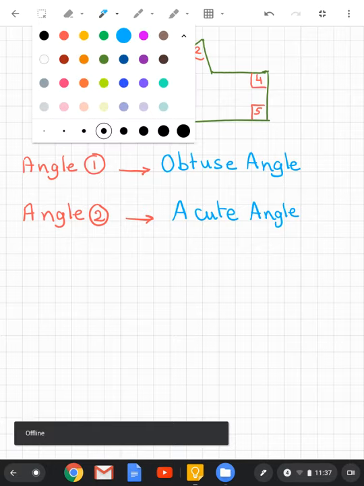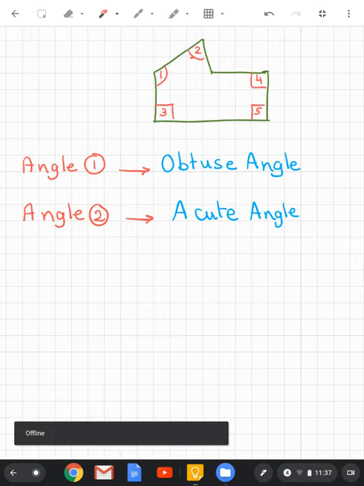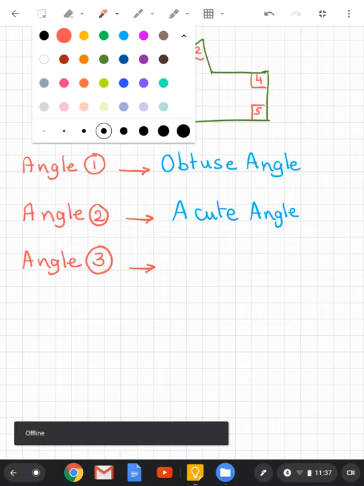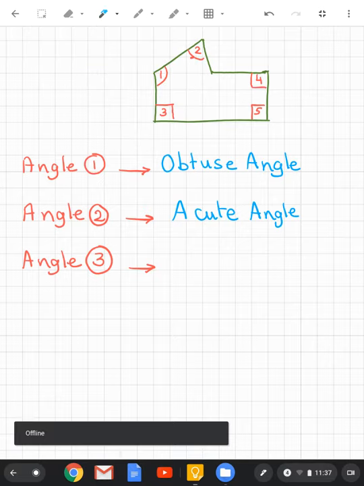Then we will look at angle number 3. Yes, it's making a square corner, so we call it right angle.